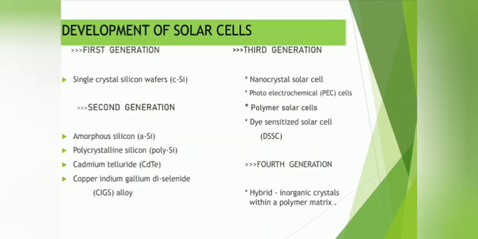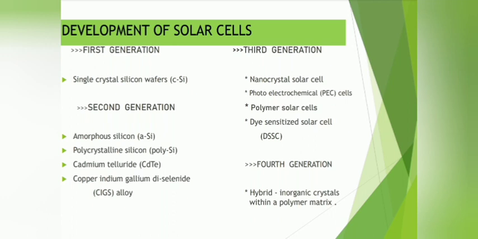Now, development of solar cells. Time to time, there have been developments in solar cells. In the beginning, the first generation was single crystal silicon wafers, the very first solar cells. Then the second generation came: amorphous silicon, polycrystalline silicon, cadmium telluride, and so on.